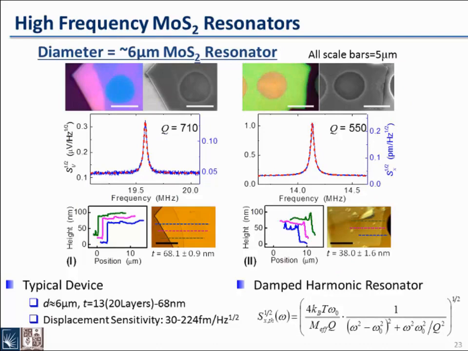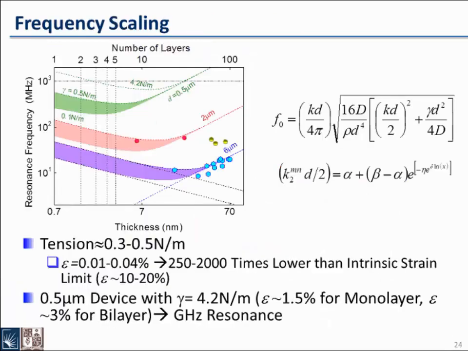We're able to probe the Brownian motion, the fundamental mode vibration, of this device at around 20 megahertz. Other devices have different sizes, and are at around 15 megahertz. The red dashed curves are the famous damped harmonic resonator equation. You can see it fits very well. It helps us to extract the quality factor.